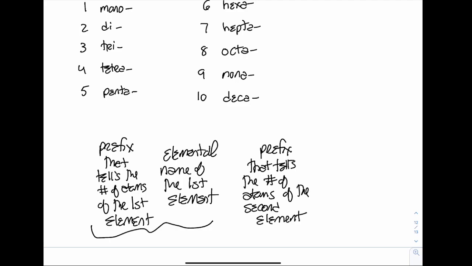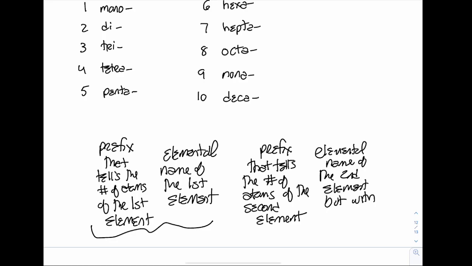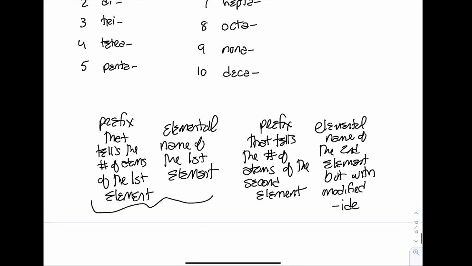And then that's going to go squished up with the elemental name of the second element. But we are going to do that modified IDE ending again. Because the ending is not modified, the whole thing is modified. Right? So that was the whole first syllable thing. So if it's sulfur, sulfide, and so on. And then that gets squished together.